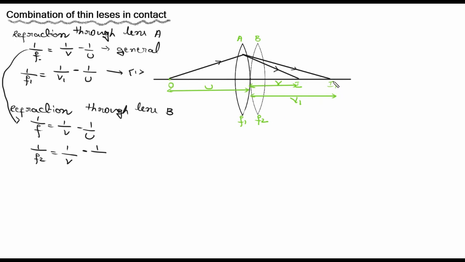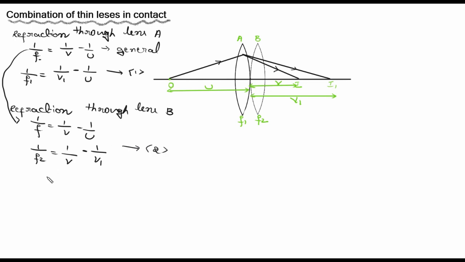As I said, the first lens produces the image I1, which becomes the object for the second lens. So for the second lens, the object distance is I1, which means you have to write v1 here. Call it equation number 2.